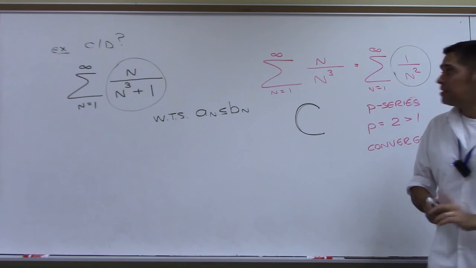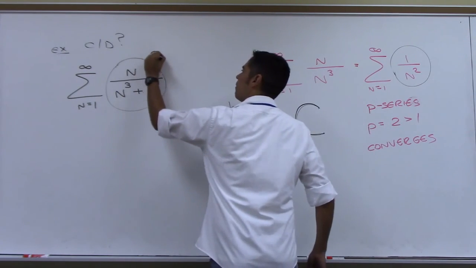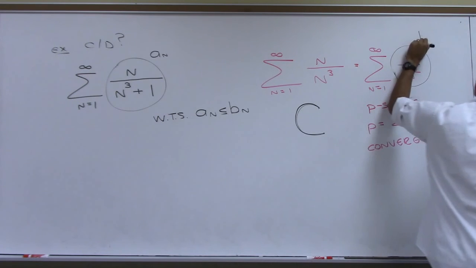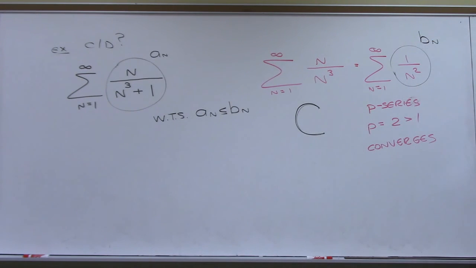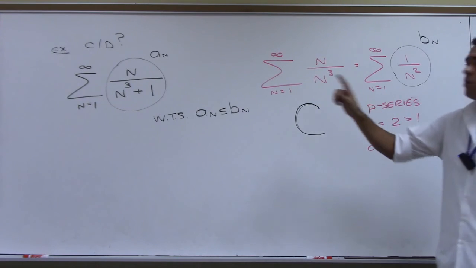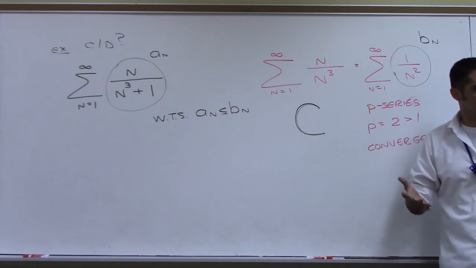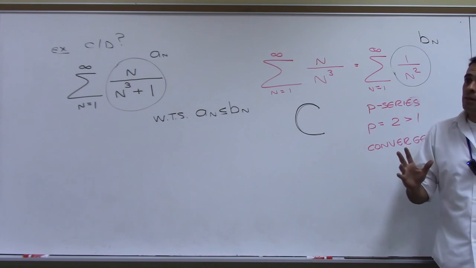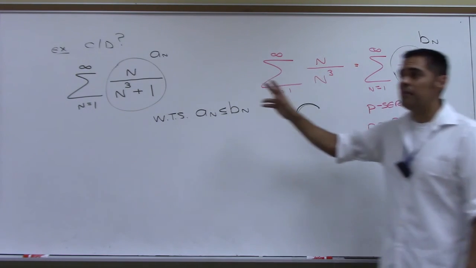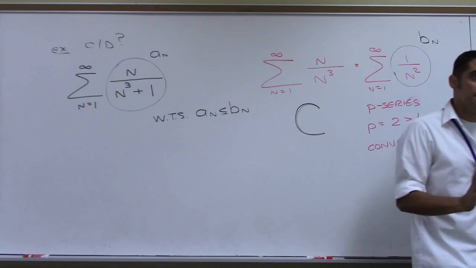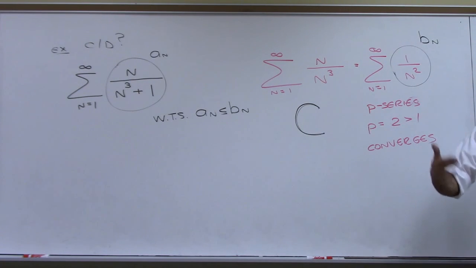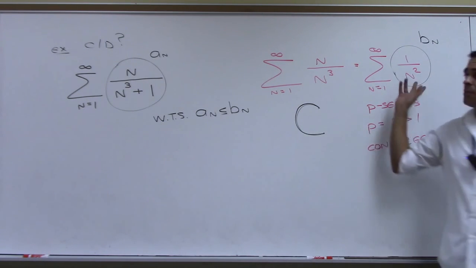Now, what do I mean by a sub n? This is a sub n, and this is b sub n. But there is one thing we have to check for before we can do it. We have to convince ourselves that both the a sub n and the b sub n are positive. If there's a chance that these are negative numbers, then we run into a whole different issue, and that's what the next section is about.